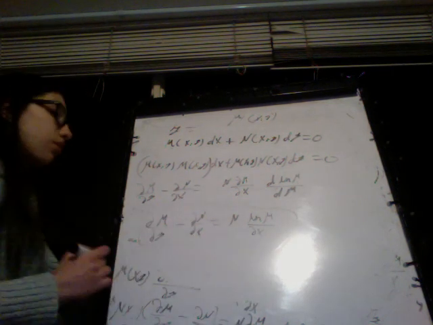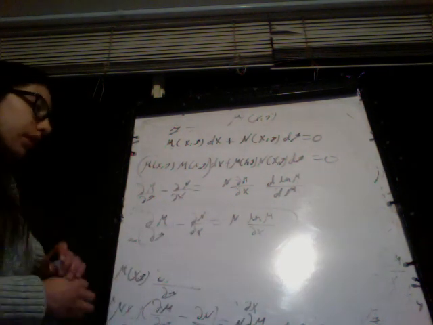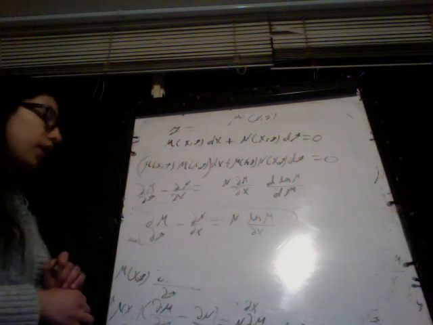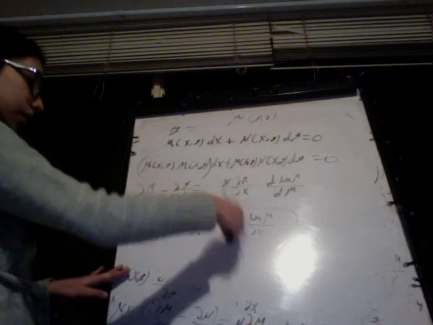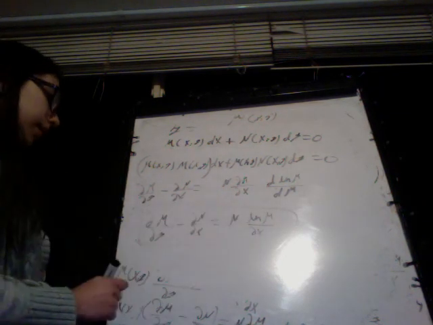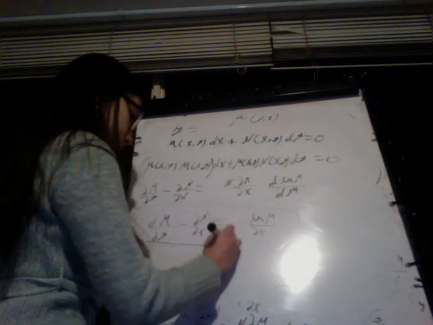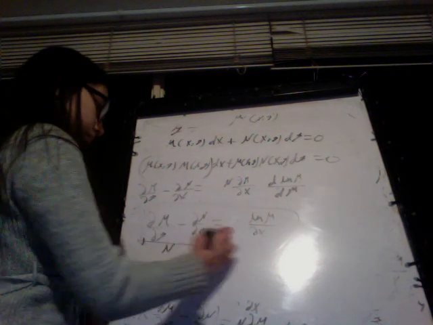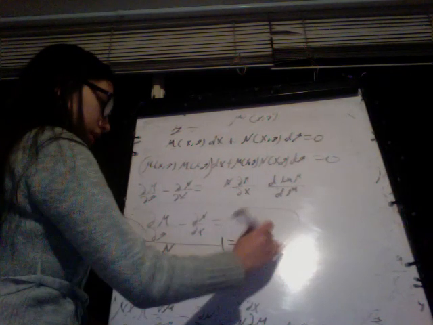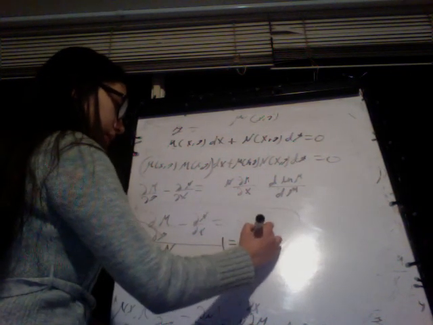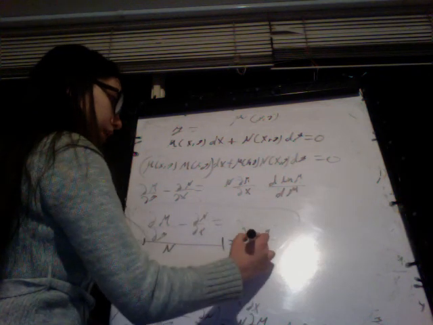Here, since mu is only depending on x, you leave this alone and you divide everything by N. So everything divided by N equals the derivative of the natural logarithm of mu with respect to dx.